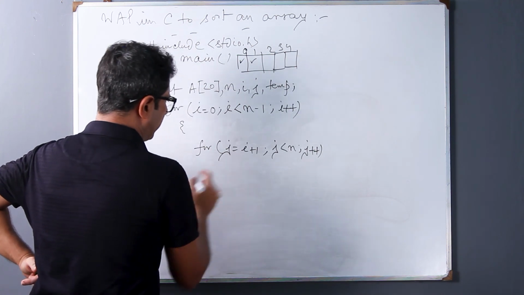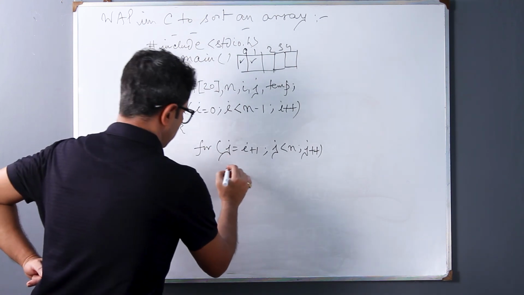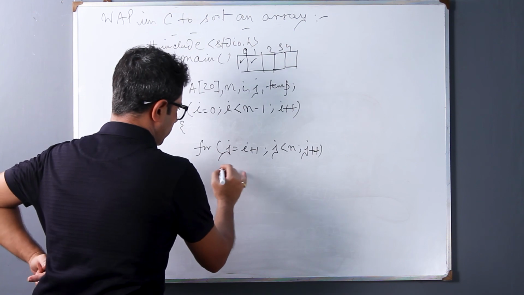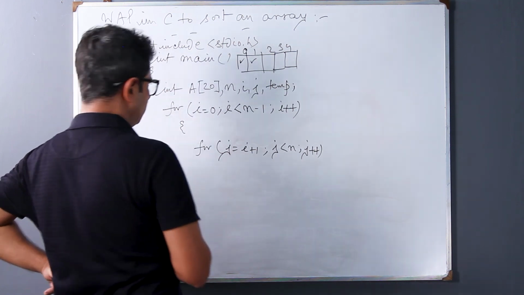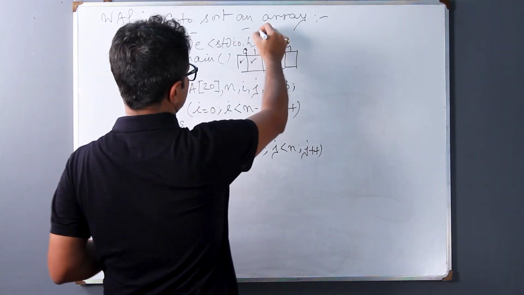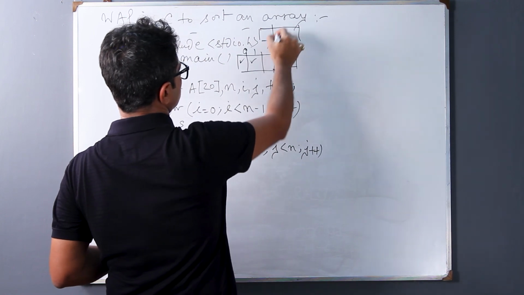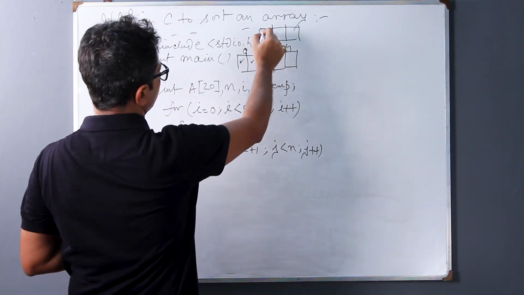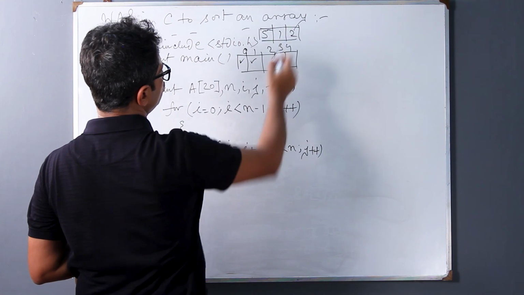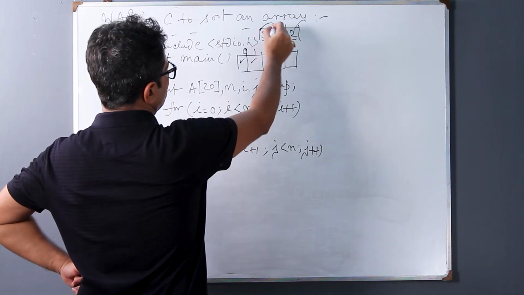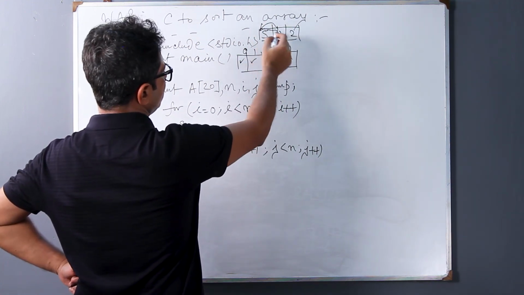Now, we are going to compare some elements, that is, just take a sample value so as to make you understand. Suppose we have the elements like this: 5, 1, 2. So, we are going to compare first between this 5 and 1.